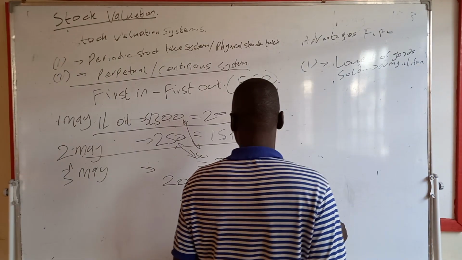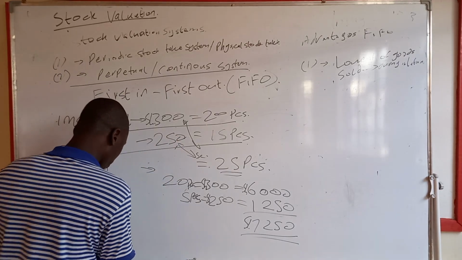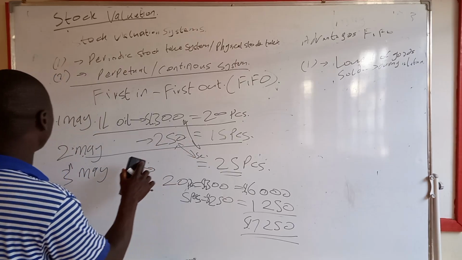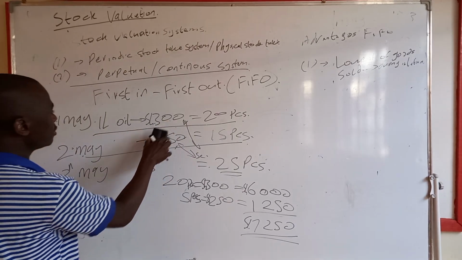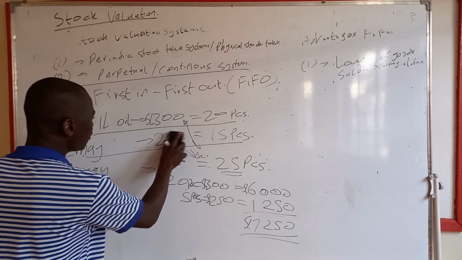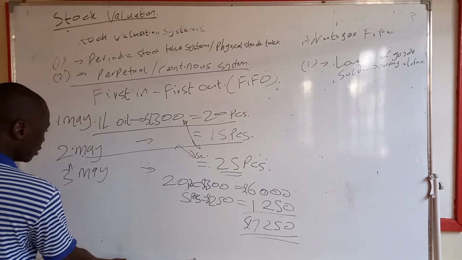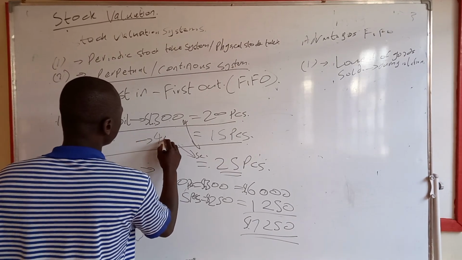For example, if there was an inflation, so at this point you bought them at 300, and the following day you notice that the price has increased, and therefore the price goes up to 400.